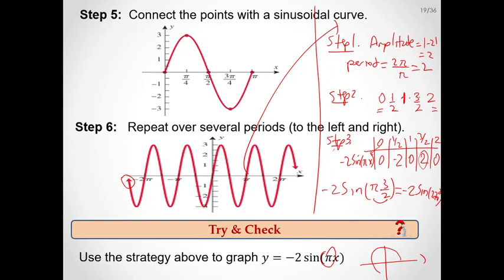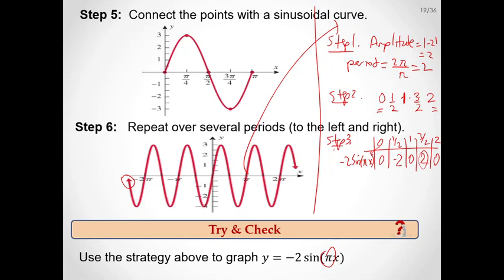At 270, the point is (0, -1), where the x-coordinate corresponds to cosine 270, and the y-coordinate corresponds to sine 270. So sine 270 is -1 here, so -2 times -1 is 2. So I got this one as 2. You should be able to do this calculation without a calculator. You can use the unit circle for this type of angles.